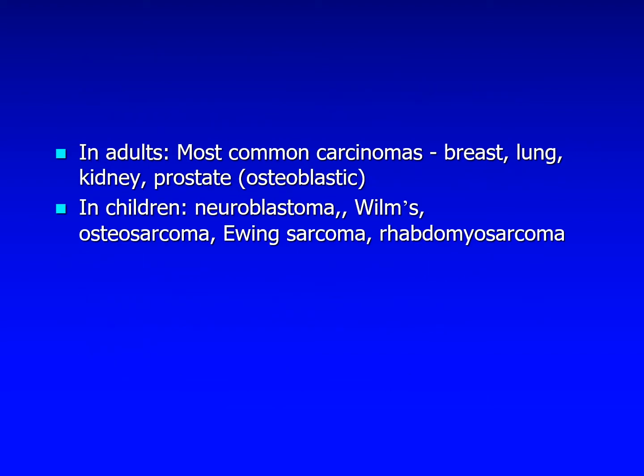In adults, metastasis to the bone occurs most commonly with breast cancer, lung cancer, kidney, and prostate cancer. In children, we see metastases from neuroblastomas, Wilms, osteosarcoma, Ewing sarcoma, and rhabdomyosarcoma.